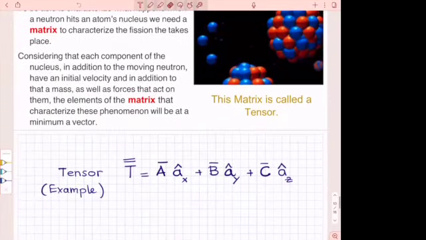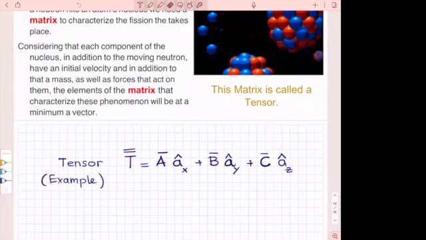Then you have to introduce a tensor. So a tensor, either you're going to see it as a matrix where every element is a vector, or you're going to see it as a vector where every component is another vector, all right? We're not going to use tensors, but when you read about topics and somebody talks about the tensor, you just need to know that it is a way of characterizing different physical phenomena, all right?